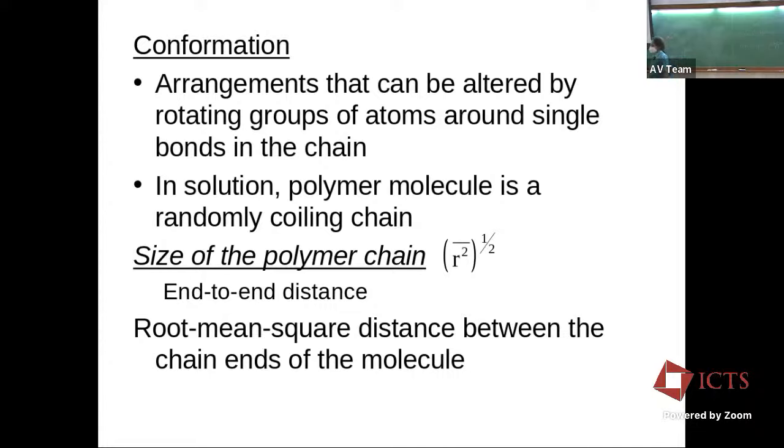This is needed because the ideal chain is formed of freely jointed links.